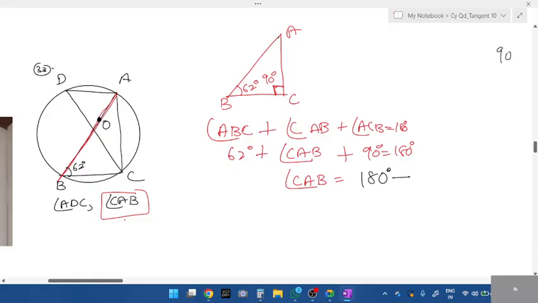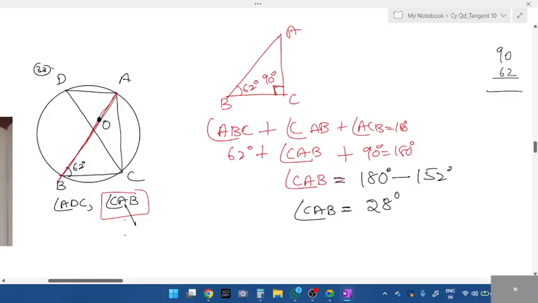How much is 90 plus 62? 152. So 180 minus 152 goes to the right hand side, you get 28 degrees, students.